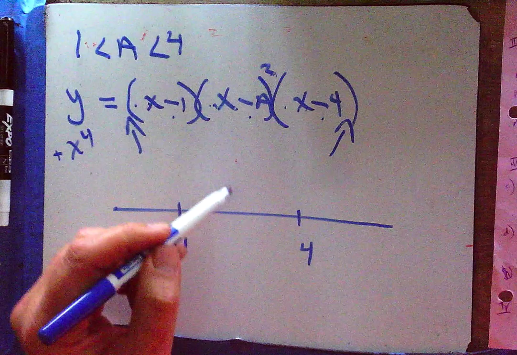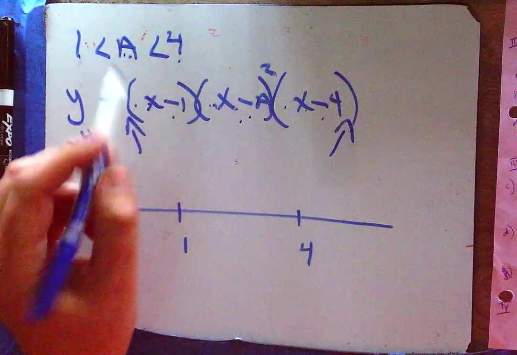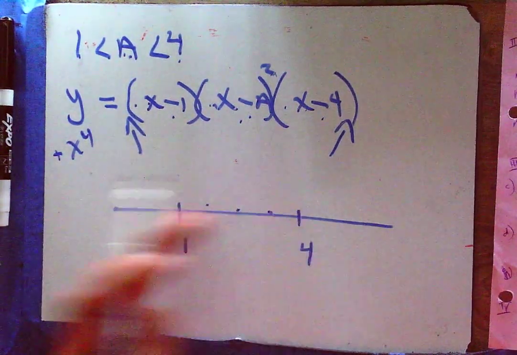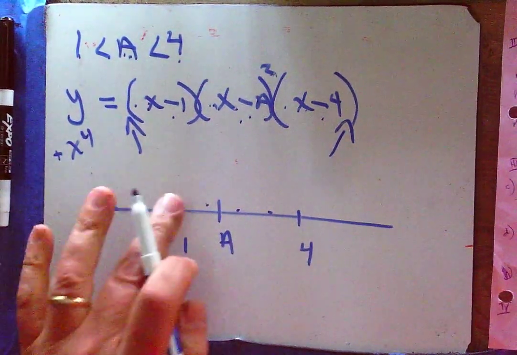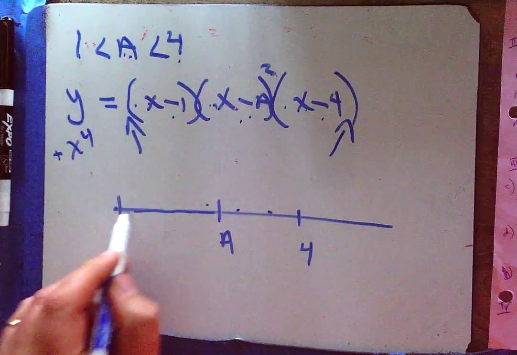I'm okay with 1 and 4, but what about a? Where does it go? Well, a is a number between 1 and 4. So I could put it here, I could put it here, I could put it here. Just somewhere between 1 and 4, I'm going to put an a. It doesn't really matter where. You could make it halfway, but it doesn't have to be halfway.